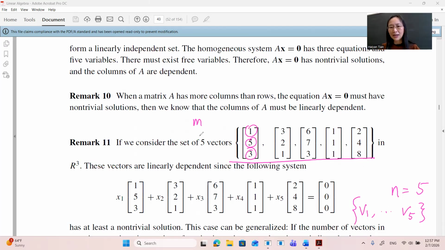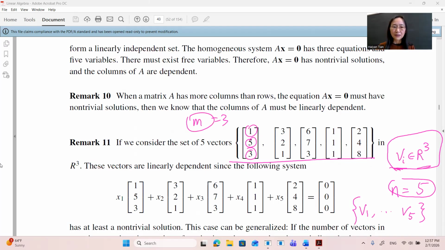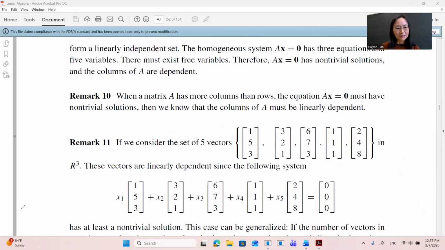But m is the dimension. Each vector is in R3, meaning the number of entries of each vector is 3. So if n is bigger than m, which is 3 here, then the set must be a linearly dependent set.